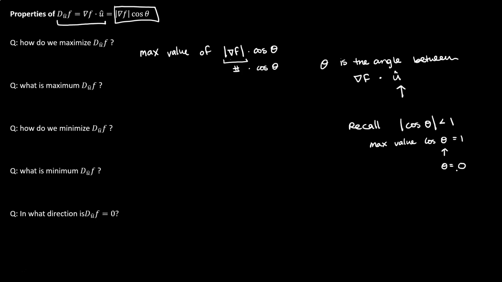So how do we maximize our directional derivative? We need to pick a unit vector, u hat, that creates an angle of 0 with the gradient vector. If we have an angle of 0 between the gradient vector and u hat, that's the same thing as the two vectors being parallel. So how do we maximize the directional derivative? We travel in the direction of the gradient.